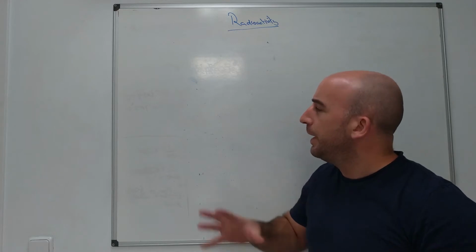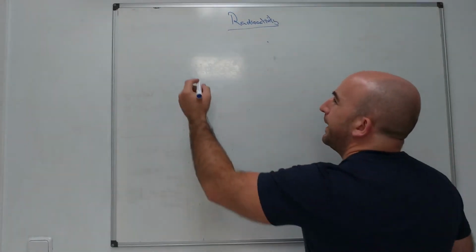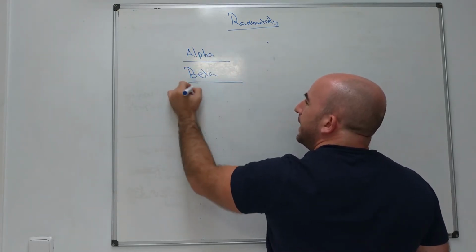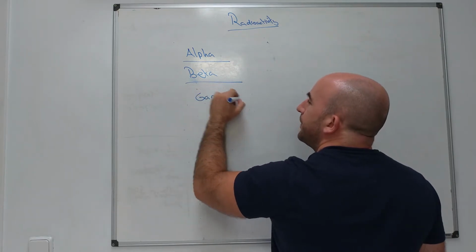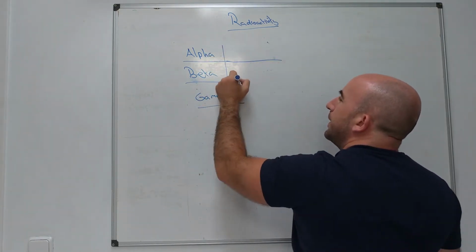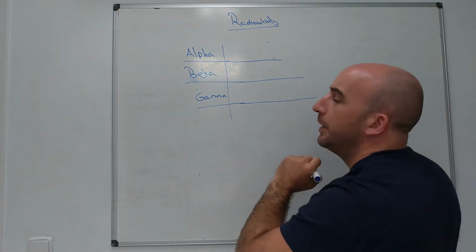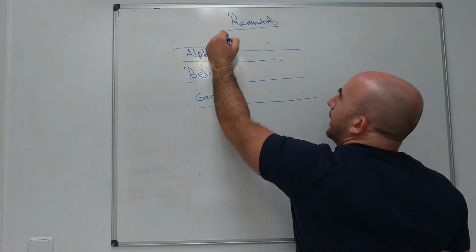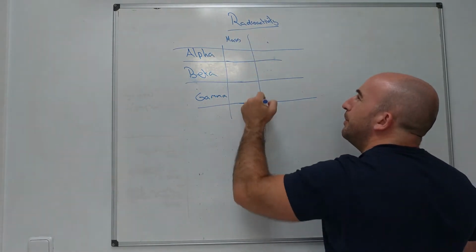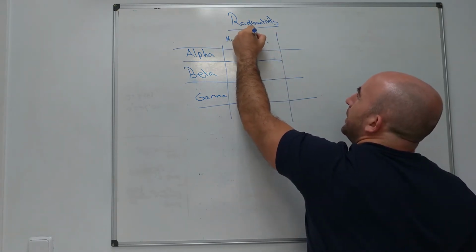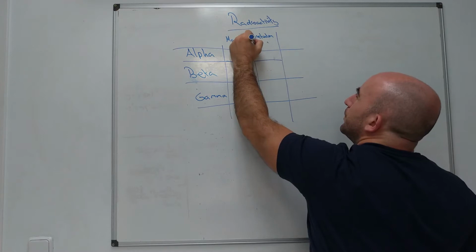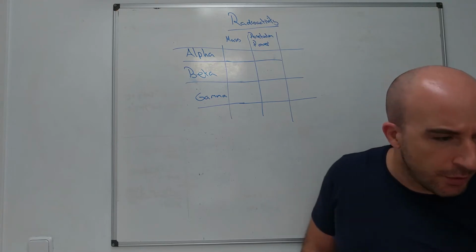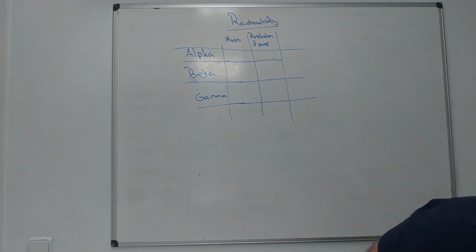The other thing that you have to know when you're looking at alpha, beta, and gamma radioactive decay in exams is, and this is for theory questions, short questions: first of all, the mass, but most importantly, penetration power, okay, and the ionization power, I think, was the other one.